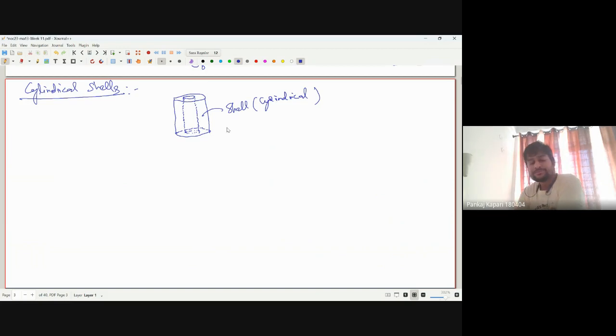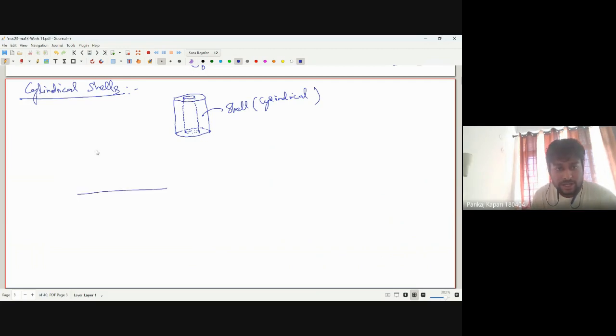So now what is our idea? Our idea is that we will divide our solid as a union of very thin cylindrical cells, and we add the volumes of all these cylindrical cells, right?